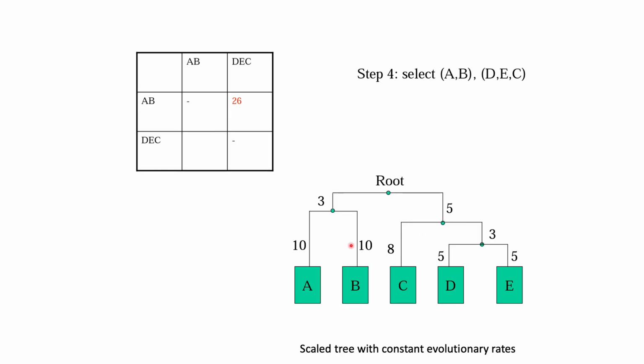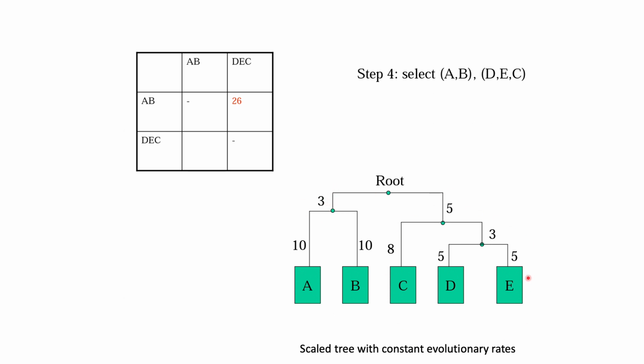So like you could see here, we just merged the trees. We already had 10, 10, and 8. So now finally the distance between the two clusters AB and DEC is 26, like we said. So it would be 13 for this cluster and 13 for the other cluster. Since we already have 10 here, this branch would be given a score of 3 to add up to 13.